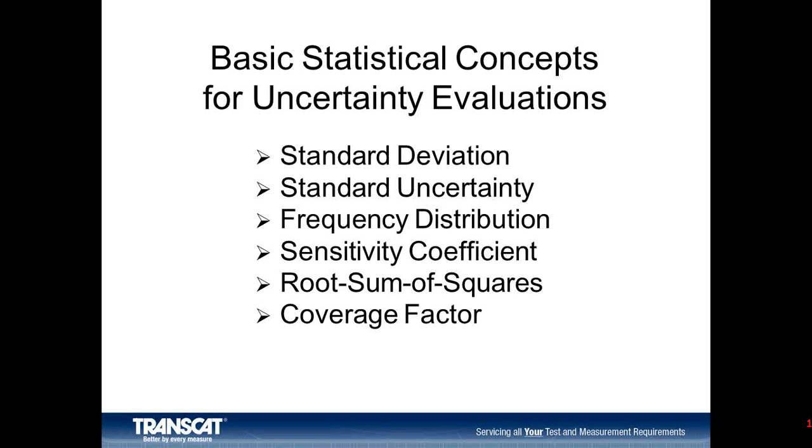For a repeated measurement such as the length of the table, that corresponds in general to the single standard deviation. If it's from some other source, specification, or some other type of reference, finding the equivalent standard uncertainty may be a little bit more complicated. Some other things have to be considered. For example, the frequency distribution.